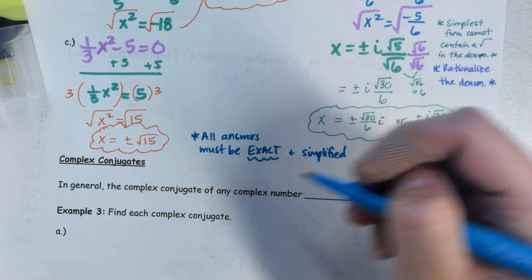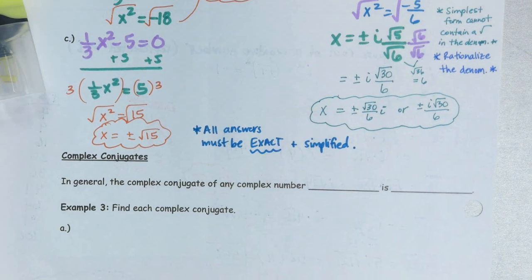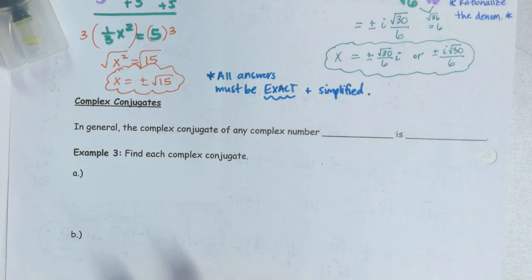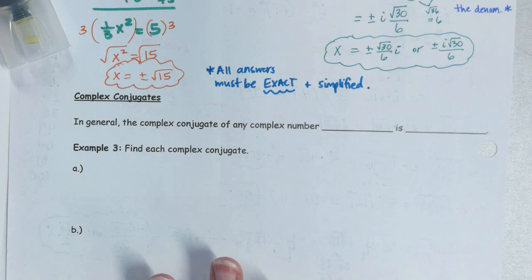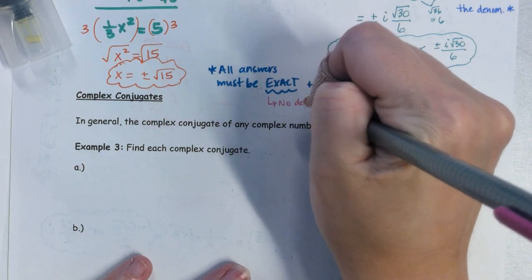The simplification isn't always stated in the directions, and neither is the exact, but all of what we're doing has to be exact and simplified. If an answer isn't exact, do you know what it does not have? If it's exact, that means your answer should not contain what? Decimals. So exact means no decimals.